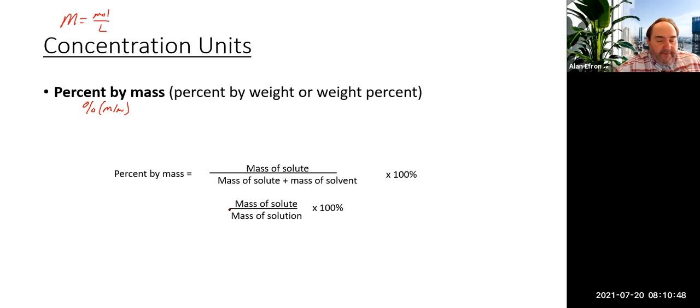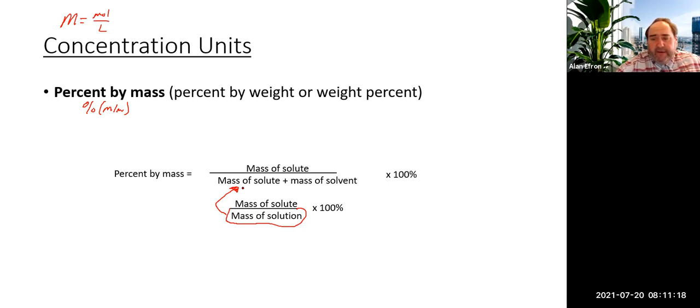Now, the bottom part is really important, especially in these types of problems. It is the mass of the solution, and a reminder that a solution is made up of two things, the solute and the solvent. You want to make sure that you get both of those things on the bottom. It's very common in these problems that they will give you the information separately. They'll tell you the mass of the solute by itself and the mass of the solvent by itself.